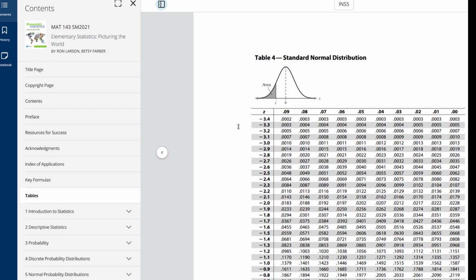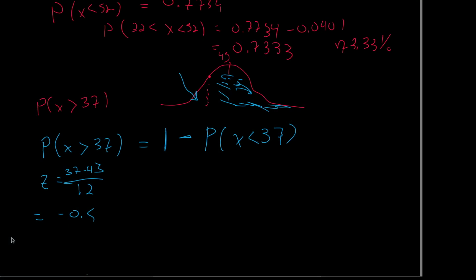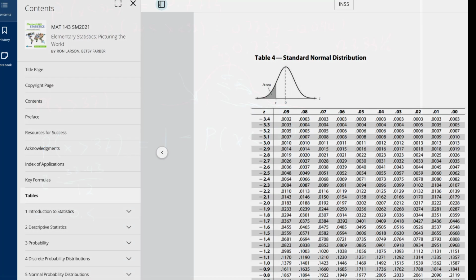So I'll go to the table for negative 0.7 and over to 5, and it's 0.22, no, I'm off here. Did I mess up my z-score? Yeah, I did mess up my z-score. I'm saying 7.5, but I wrote it down right. It's negative 0.5. Sorry.